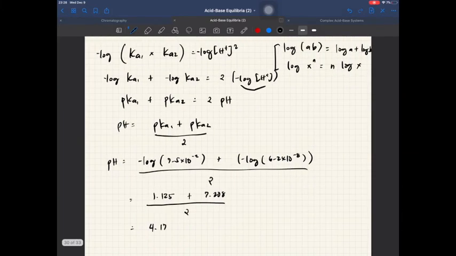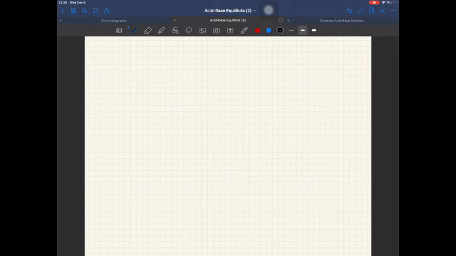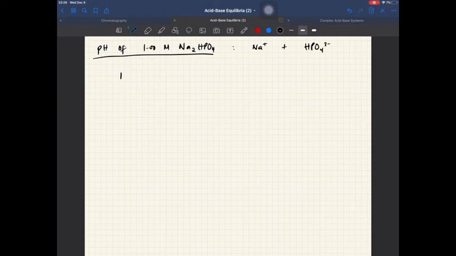The same applies to the third ionization. Suppose you are asked to calculate the pH of 1 molar disodium hydrogen phosphate. Disodium hydrogen phosphate is another amphiprotic species because when it ionizes, it forms this ion, and this ion can further ionize, which is the third ionization of that polyprotic acid.